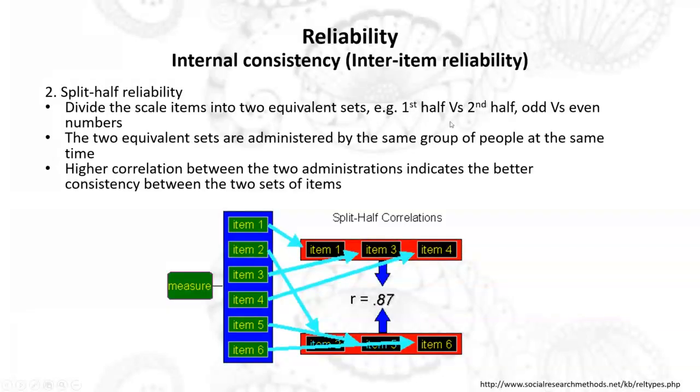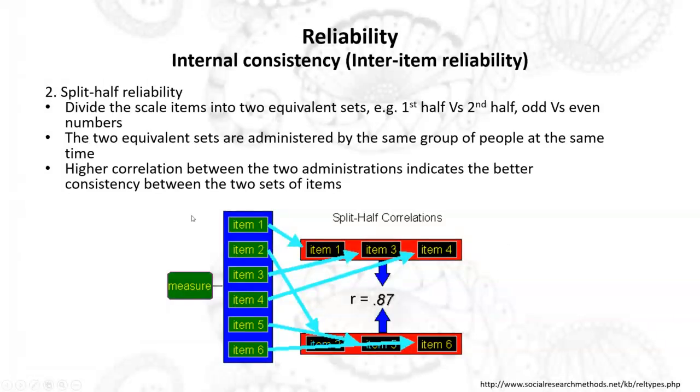There are many ways. Maybe you number each question, and then those odd numbers belong to 1 set and the even numbers to another set, or you randomly split them into 2 sets. The example here is to split the 6 questions into 2 sets randomly.